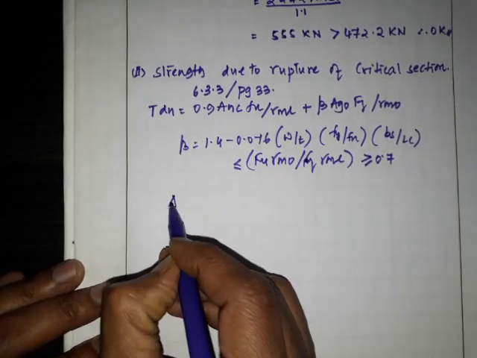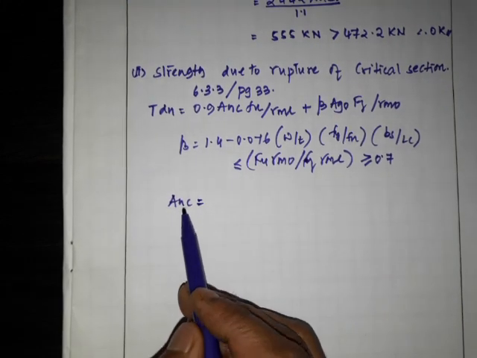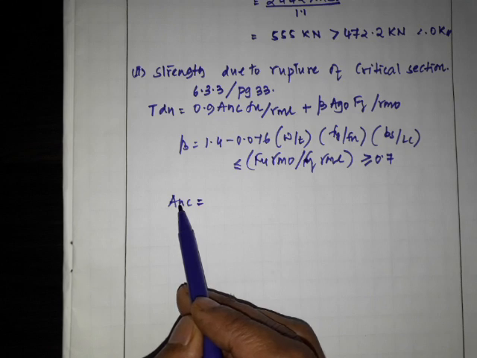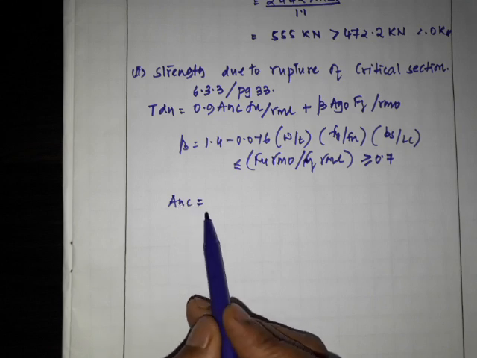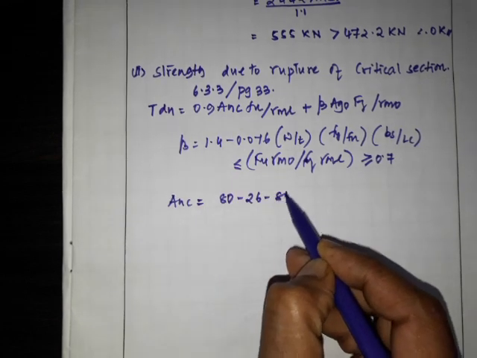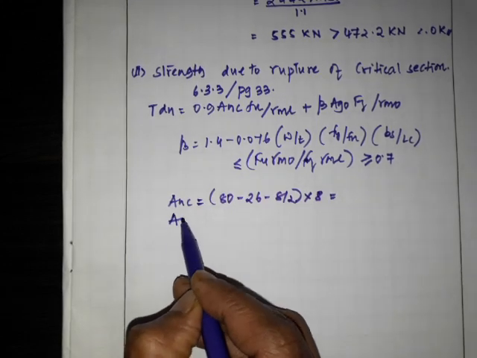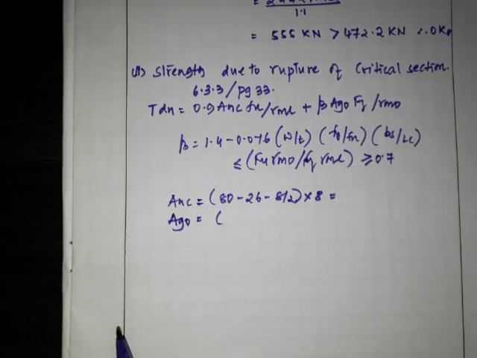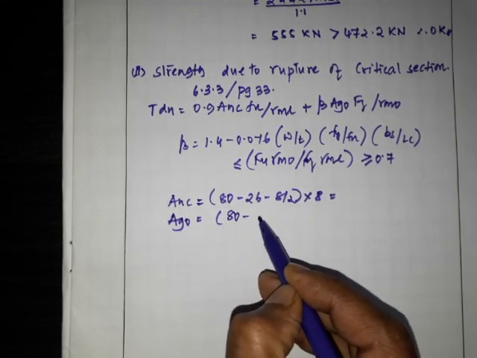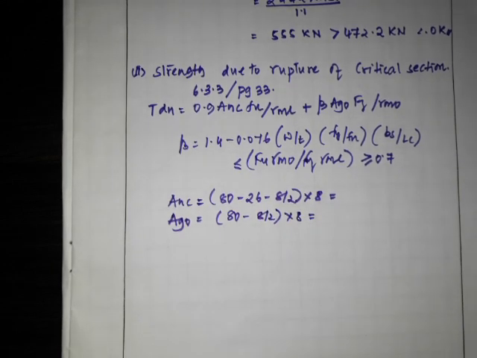So Anc, the net area for the connected leg, is (80 minus 26 minus 8 by 2) into 8. And Ago, the outstanding leg, is (80 minus 8 by 2) into 8. So like this you have to find out.